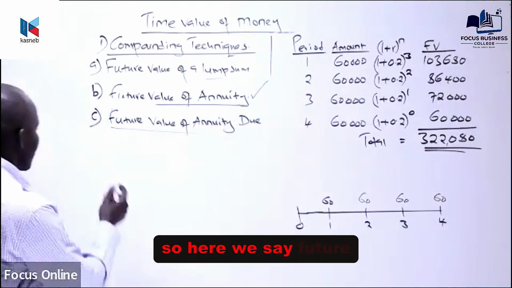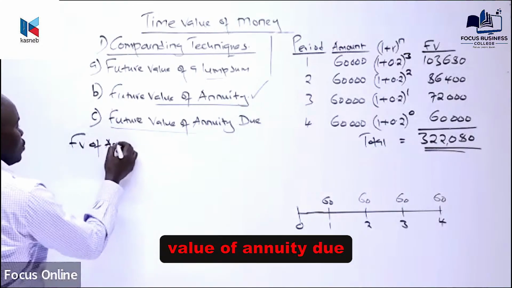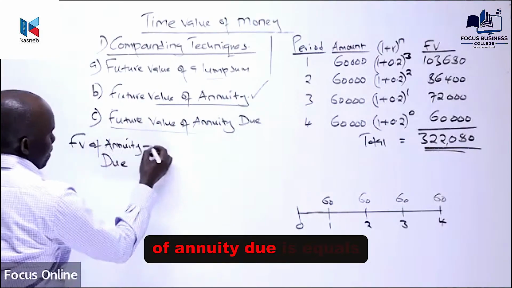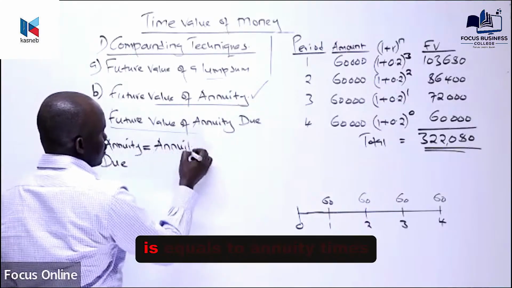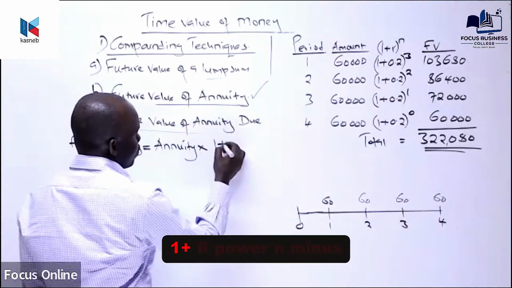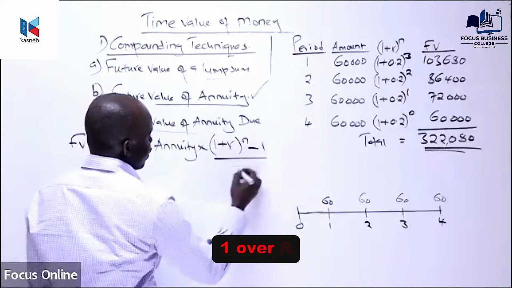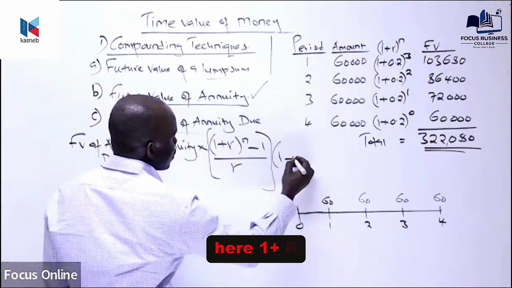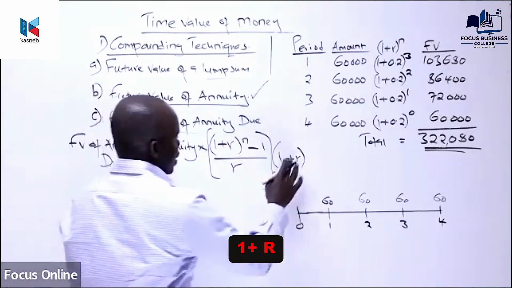Future value of annuity due equals annuity times 1 plus r power n minus 1 over r. Then we add another factor here, 1 plus r.